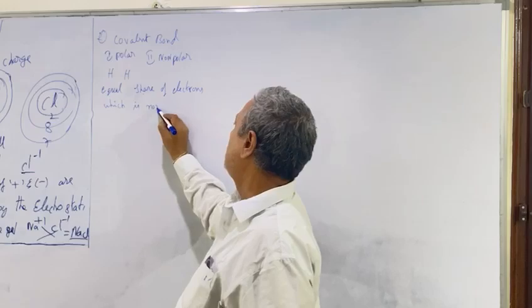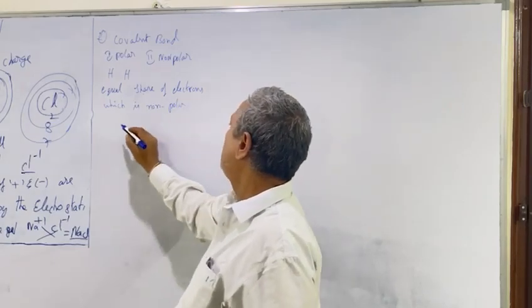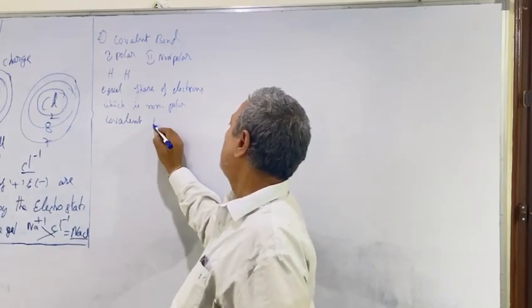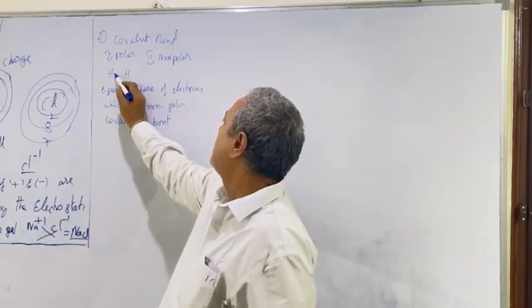What is the bond? Non-polar covalent bond. Why? Because there is an equal share of electrons in the bond.